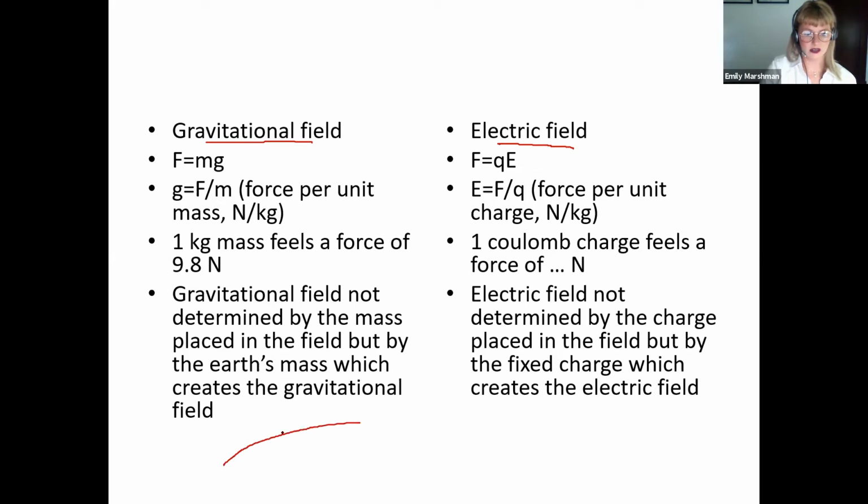If I'm standing near the Earth's surface, we already learned that the gravitational force is equal to the mass of the object, multiplied by g at that point in space, where g, we learned, is the acceleration due to gravity. This g can also be thought of as a force per unit mass. If I solve this expression for g, it's force over mass.